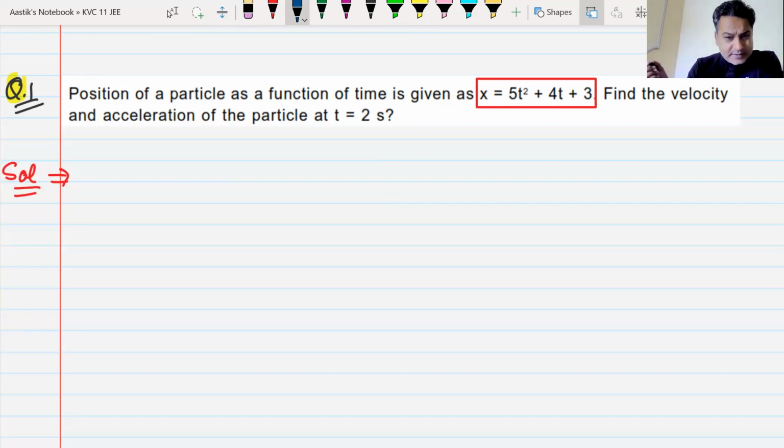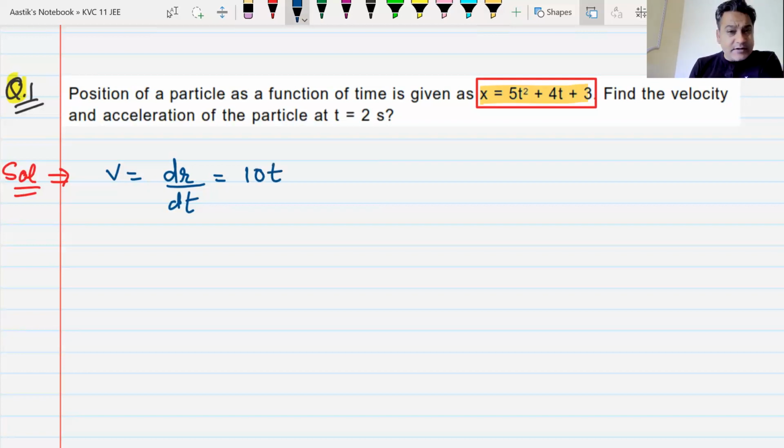The position of the particle is given, so I have to find out velocity. Velocity is dx by dt. All of us know it. We differentiate this equation with respect to time. 5t square, 5 comes out. T square derivative is 2t, so this gives us 10t. We all understand this, yes or no?